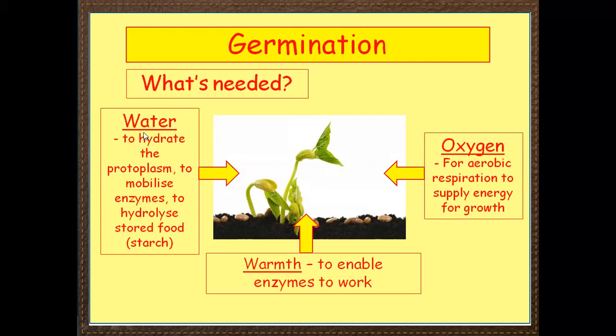For germination, water is necessary. Water hydrates the protoplasm to mobilize enzymes to hydrolyze the stored food. Water is needed for the activation and mobilization of enzymes, which convert starch.